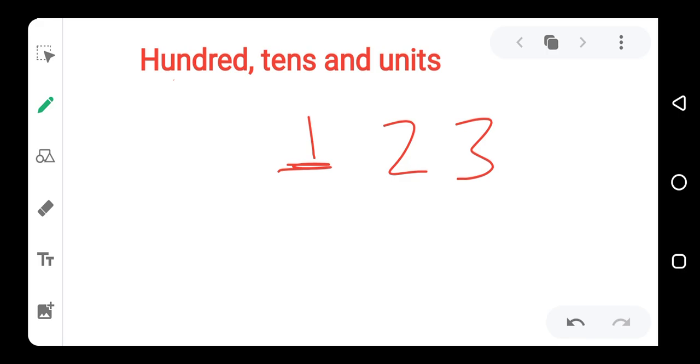Now, but if we have 1, 2, that is 12. The first one is going to be under units, and the second one is going to be under tens.